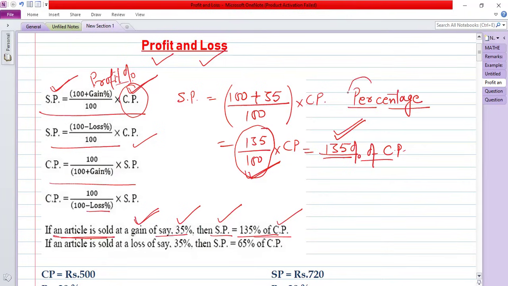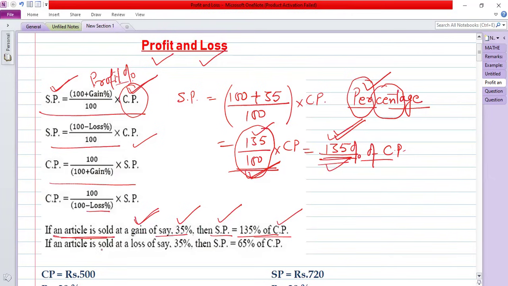Per means divide, and cent means 100. So percentage of any number is nothing but that number divided by 100. So 135% is equal to 135 divided by 100. This is how we write it.